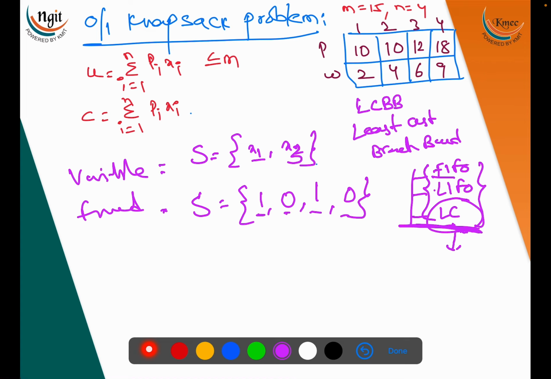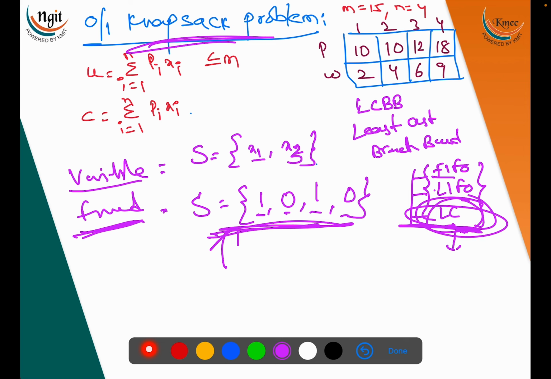So this is going to be our solution. You can use variable size or fixed size. Now I'm going to take the fixed size solution, and I'm going to solve this problem in this form using LC branch and bound. Now let's go ahead.